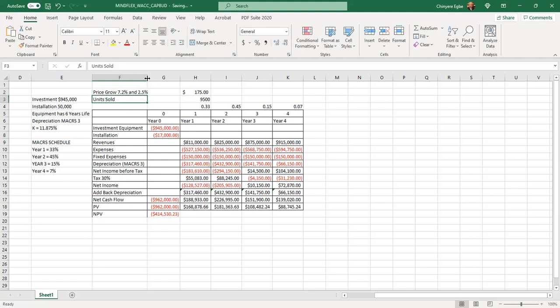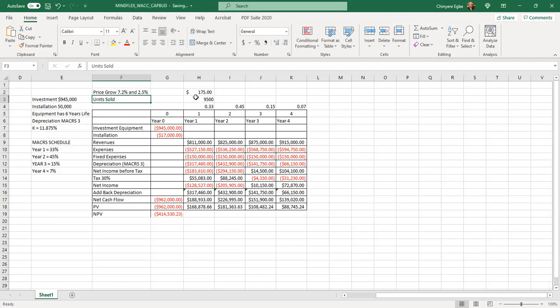So this will grow 7.2% for the first 2 years. So we have year 1, year 2, 1, 2, 3, 4, and that's the 5th year.